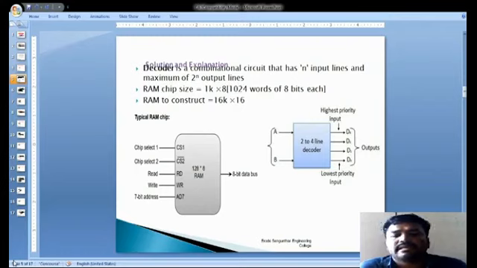The second one is the 2 by 4 line decoder. Its input lines are 2, A and B, and the output lines are D0, D1, D2, D3. The highest priority is D3 and the lowest is D0. It converts 2 input lines to 4 output lines. So that is the decoder.